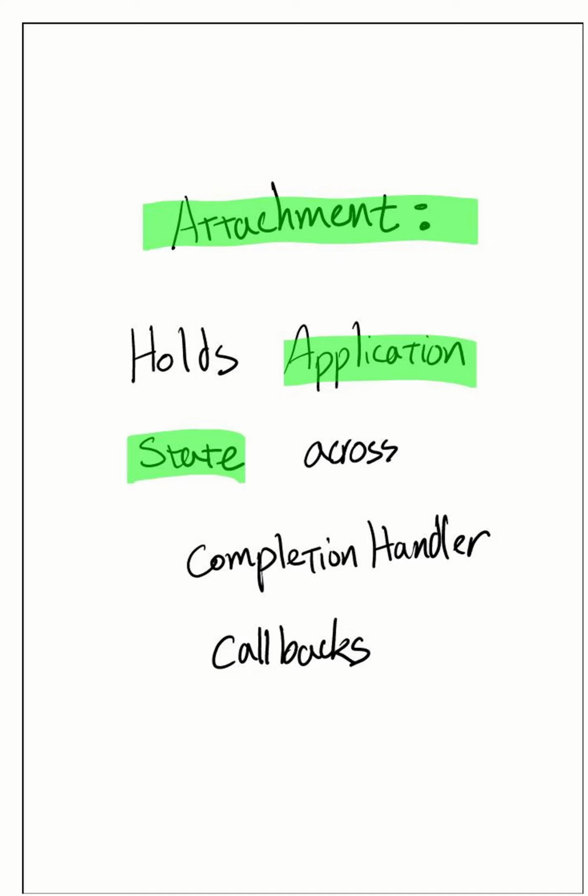Just to refresh your memory, this is what is known as dispatching to completion handlers. So all in all, attachments are basically a collection of fields you would like to maintain and access within your I/O callback code. Again, the callback code is just extending the completion handler.